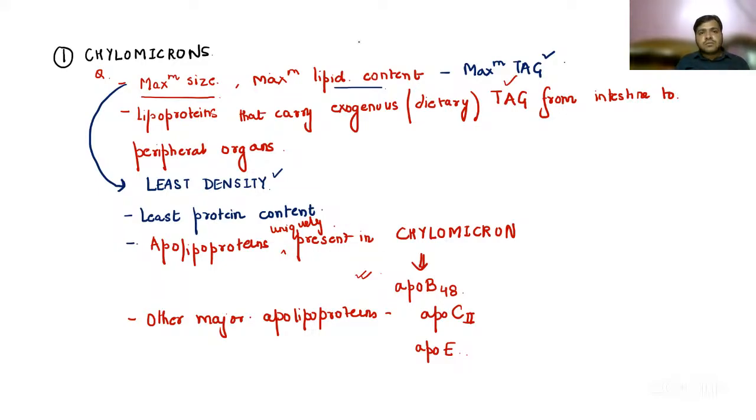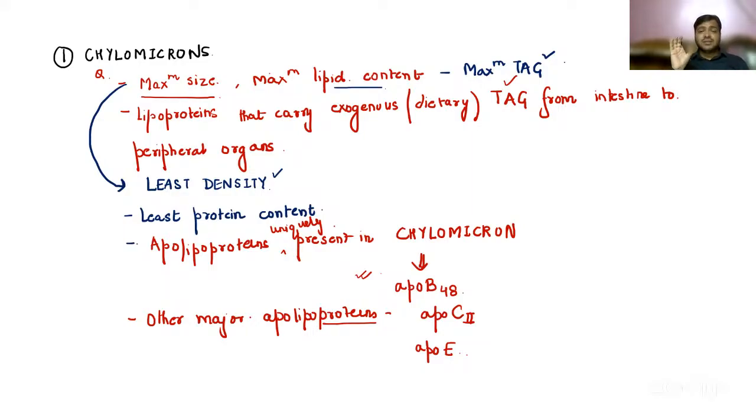Now, apolipoproteins are the proteins present in the blood, in the serum, and they act as mediators of the transfer of cholesterol. An apolipoprotein is nothing but the protein part of the lipoprotein; lipoprotein is lipid plus protein.